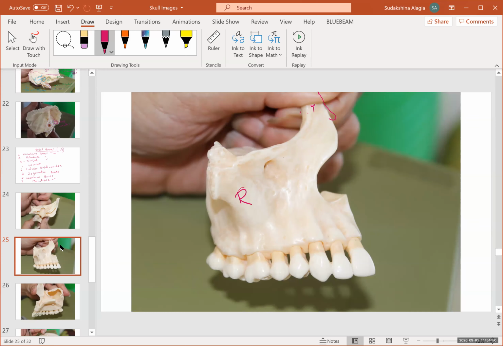The right side, exactly. See, mirror imaging. You say left because you are looking at it like a mirror image. But from the anatomical perspective, is it the right side of your face or the left? This is the right maxilla.